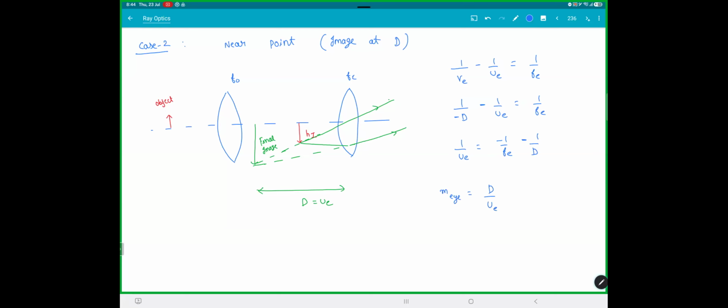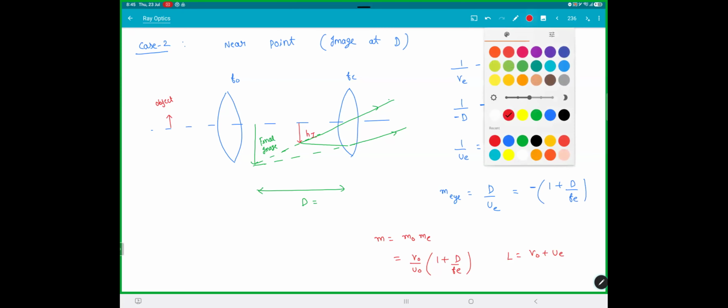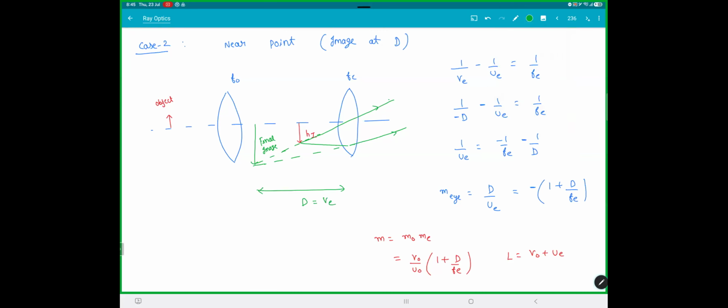D by U. So you end up with minus 1 plus D by FE. This is your magnification of the eyepiece. The total magnification is M naught into M eyepiece, and this is V naught by U naught into 1 plus D by FE. And the length of the microscope here is V naught plus UE. Sorry, this is VE. This was UE. This was V naught. So the length of the microscope is V naught plus UE.